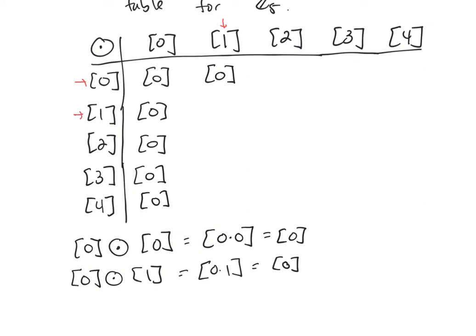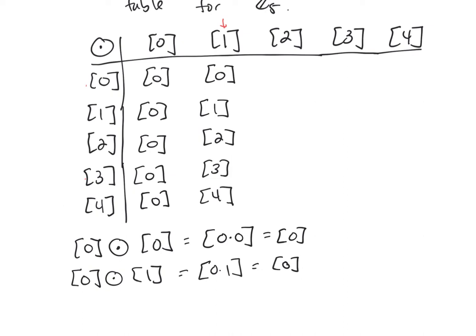So 1 times 1, 1. 2 times 1, 2. 3 times 1, 3. And then 4 times 1 is 4.